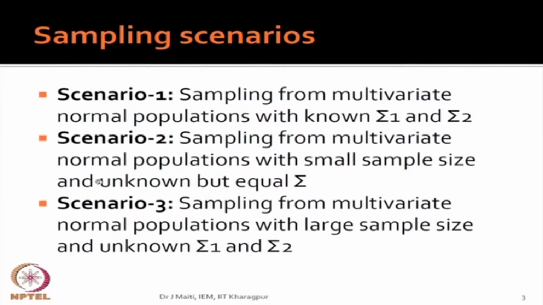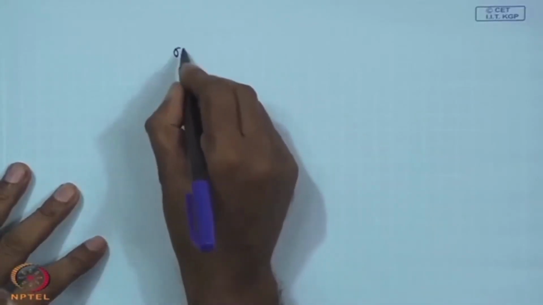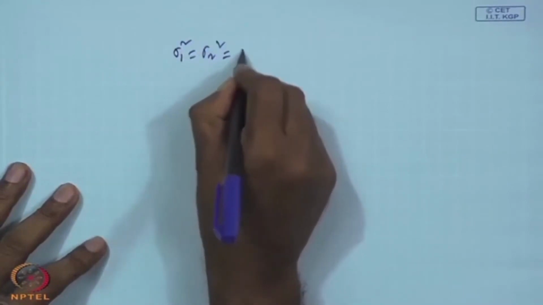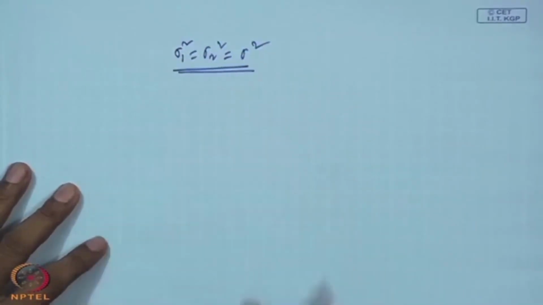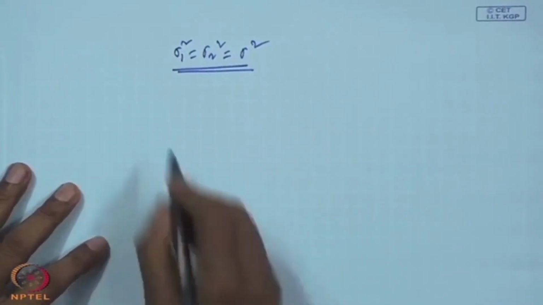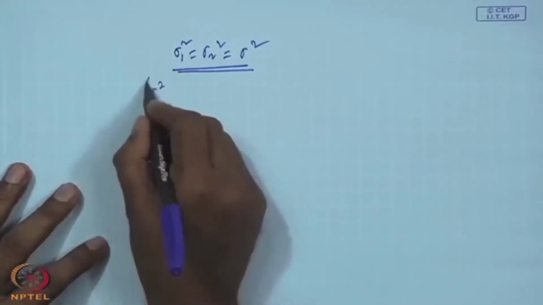Now, in the univariate case, you recall that if sigma 1 square equals sigma 2 square equals sigma square, then we used a certain estimate of sigma square. What is this?